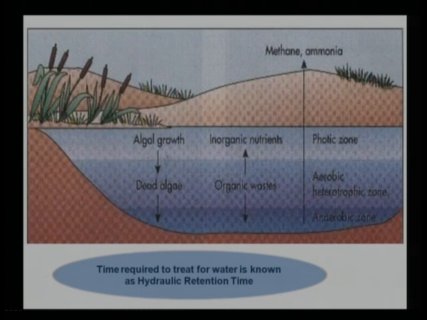These dead algae and organic compounds produced by algae are shifted to the benthic zone of the oxidation pond, and in the benthic zone heterotrophic or anaerobic organisms usually grow, and they utilize this material and make simplified, clear water in the same oxidation pond.